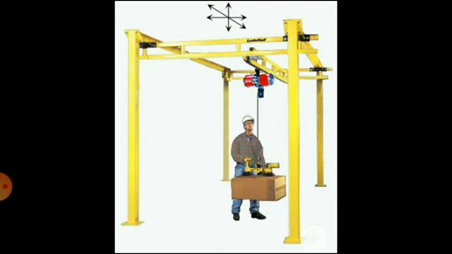These two drives provide motion in the x-axis and y-axis of the building, and the hoist provides motion in the z-axis. The motions in the three axes, x, y, z, are shown at the top of the diagram.